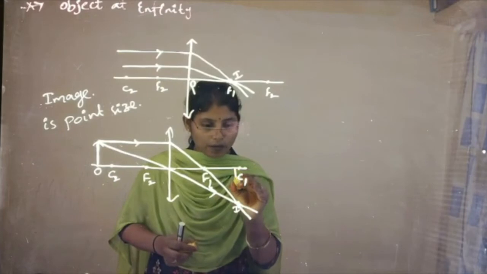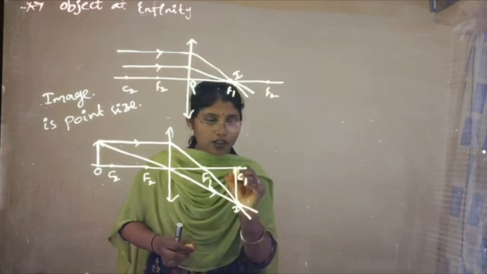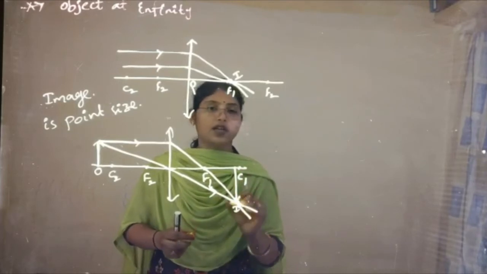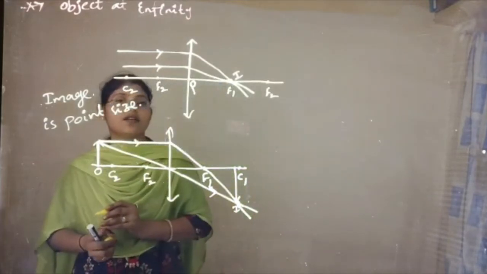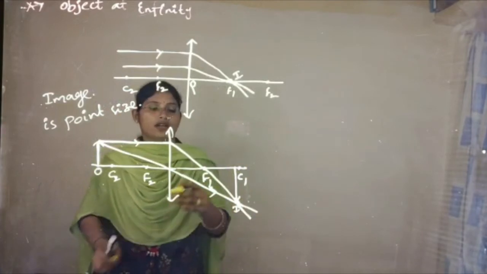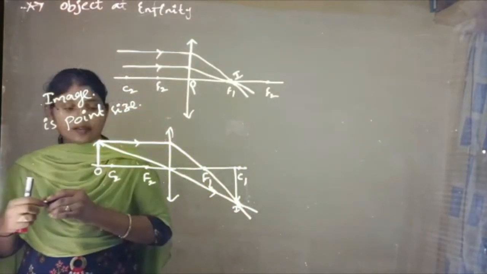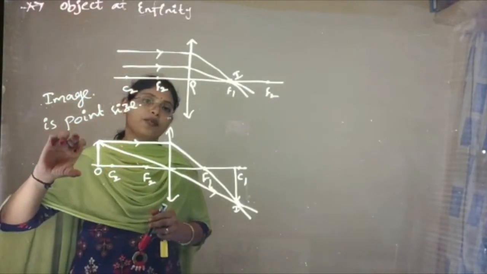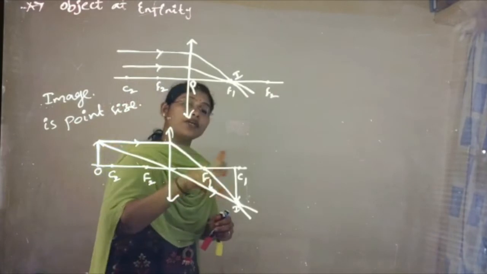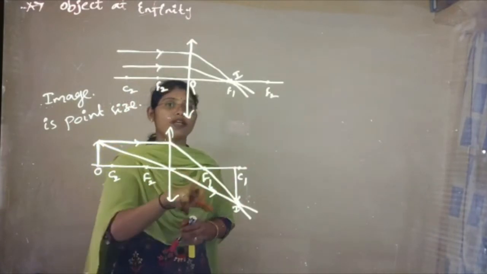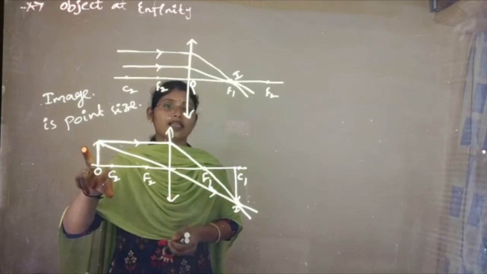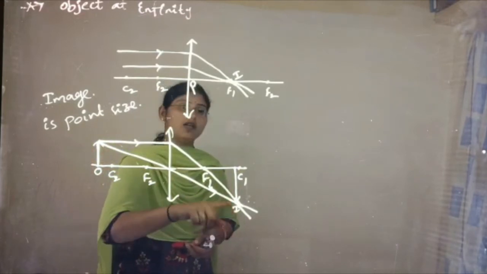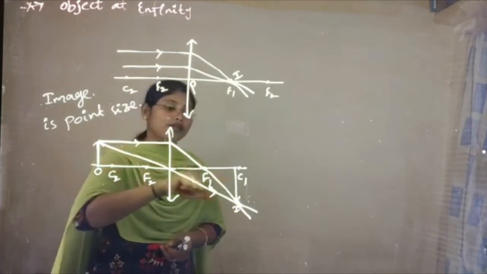If we draw a perpendicular line to this image point, its length gives the image length. So what is the nature? If the object is placed beyond C, the image point we get is in between F and C. The object size is more compared to the image size.